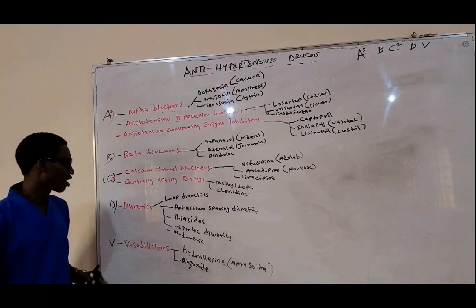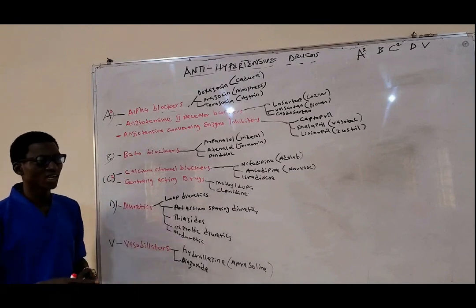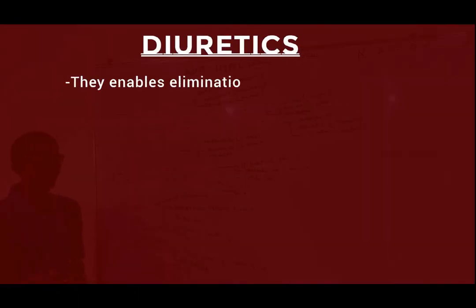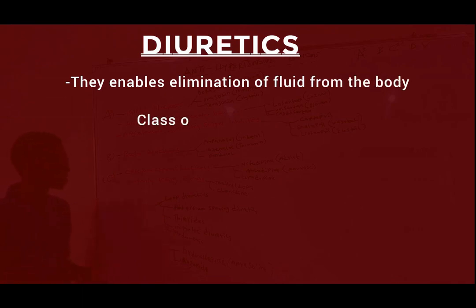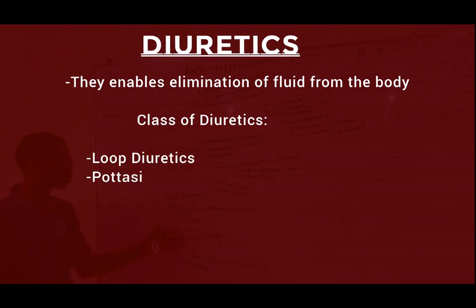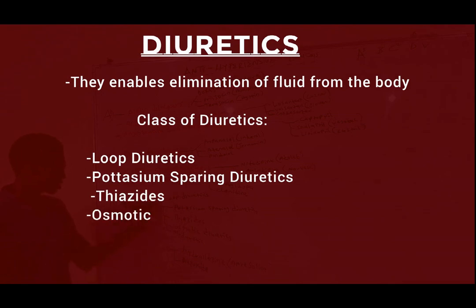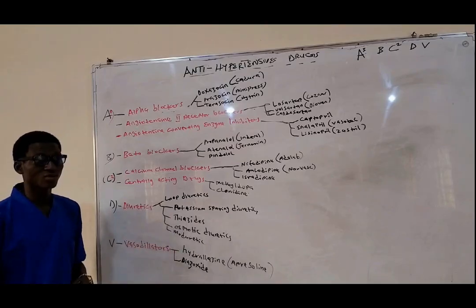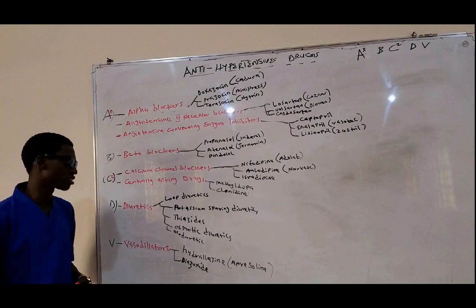Then the D there we have the diuretics. The diuretics are antihypertensive drugs used in elimination of excess fluid from the body. The examples of diuretics we have are the loop diuretics, potassium sparing diuretics, thiazides, osmotic diuretics, and combination diuretics. We are going to talk about these classes of diuretics and mention examples of drugs under each.